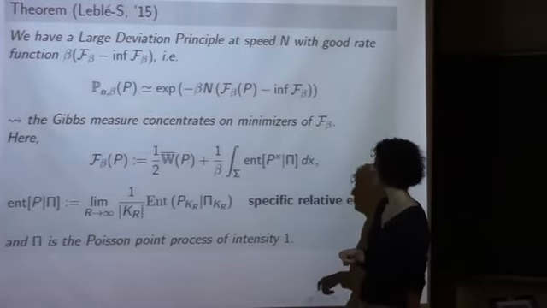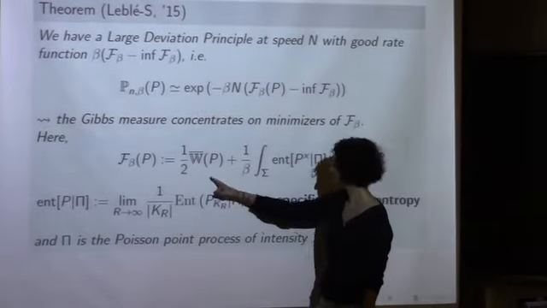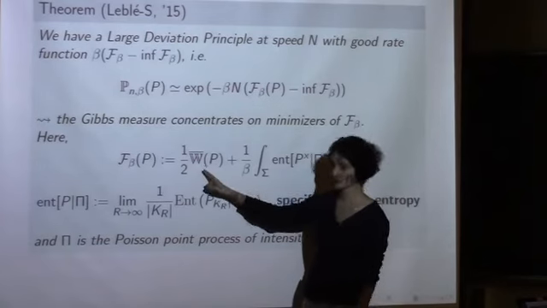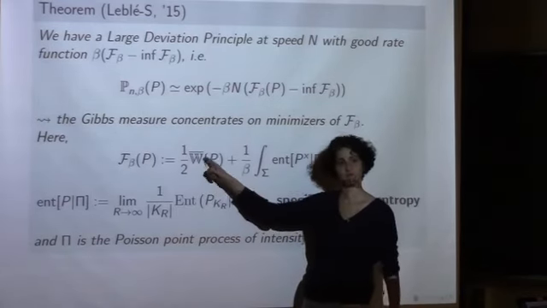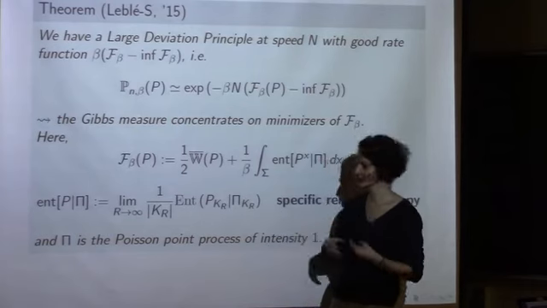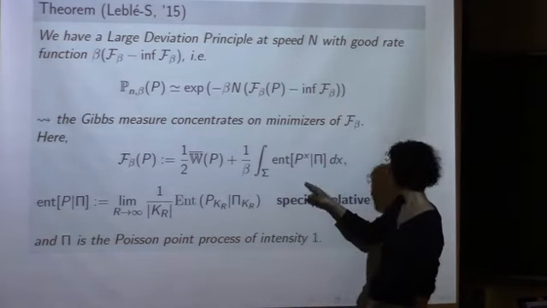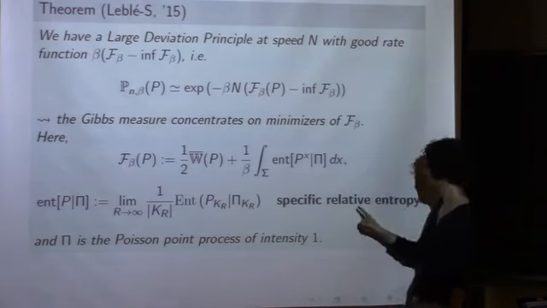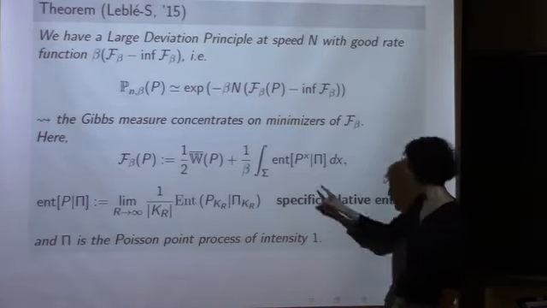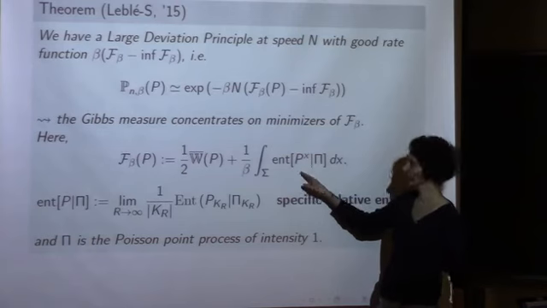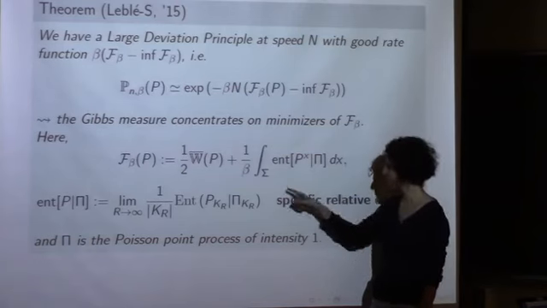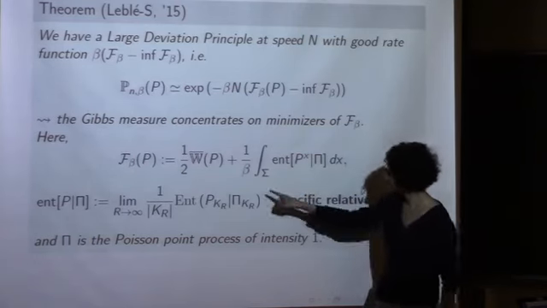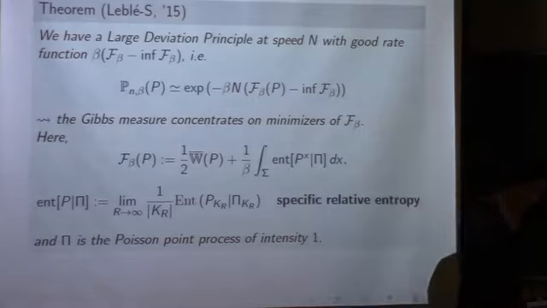And what is F beta? Well, F beta has two terms. One term is our average W that I described before, the energy. And one term is an entropy. More particularly, it's a specific relative entropy of the point process with respect to the Poisson point process, and then you average this over sigma, and you multiply by 1 over temperature.